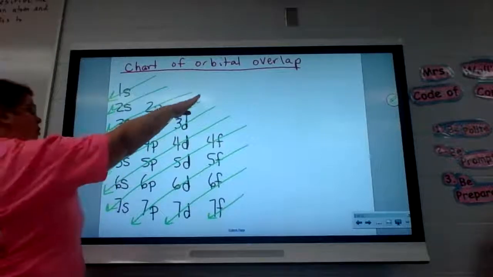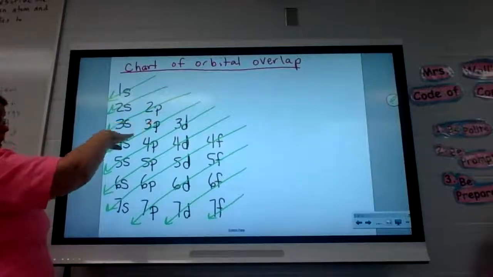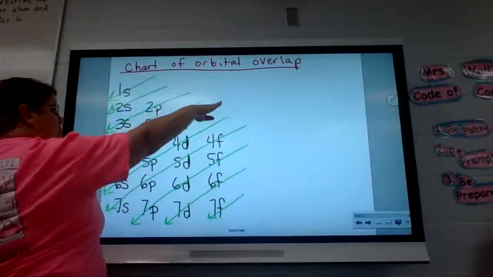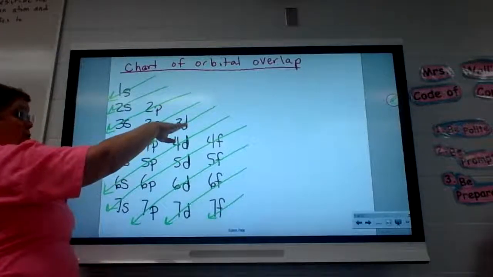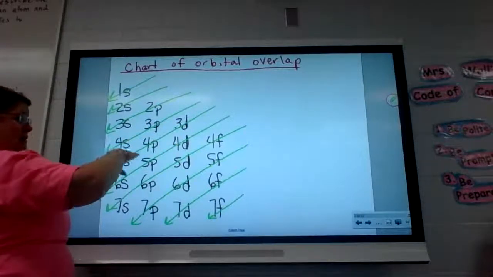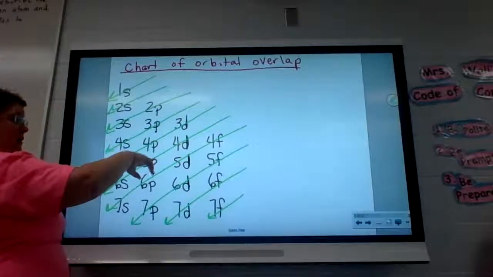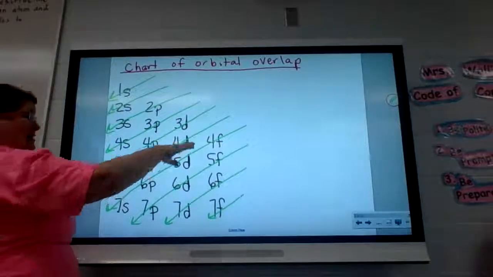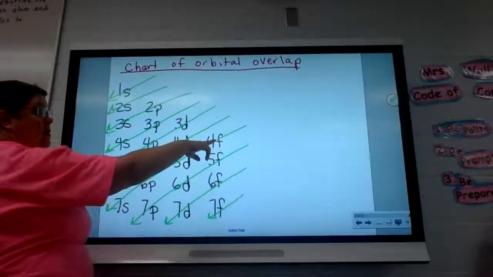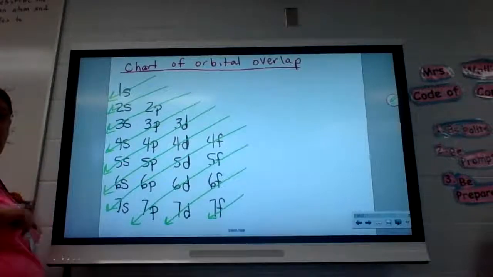What comes after 3P? Read down the diagonals, 3P to 4S. Then you have 3D. We've got an overlap going on. 4P, 5S, and then we have what? 4D, 5P, 6S, and then what comes next? 4F. You've got major overlap between 6S and 4F, okay?